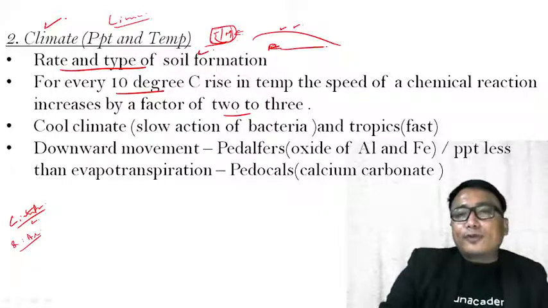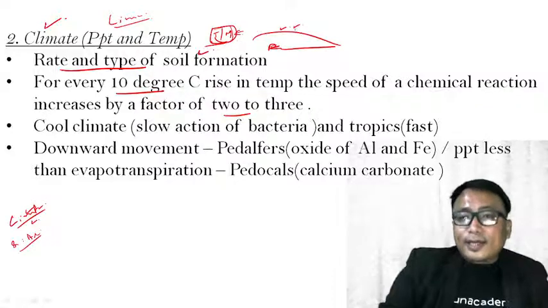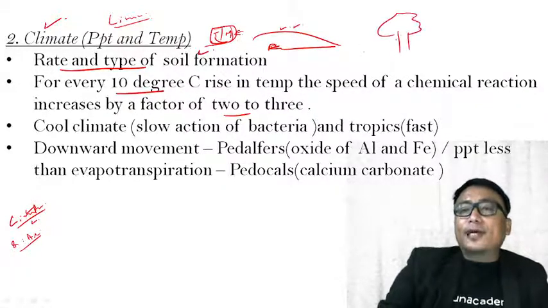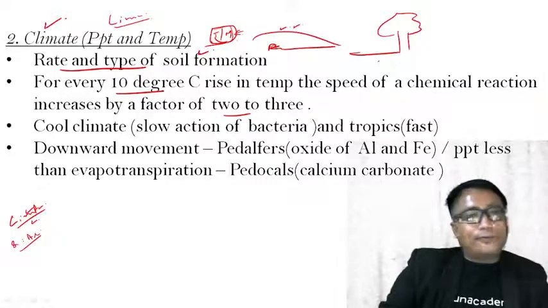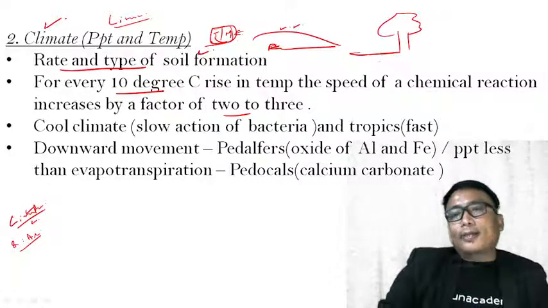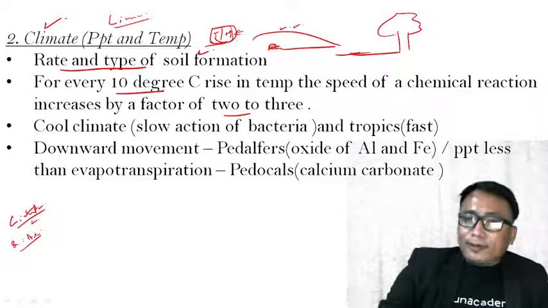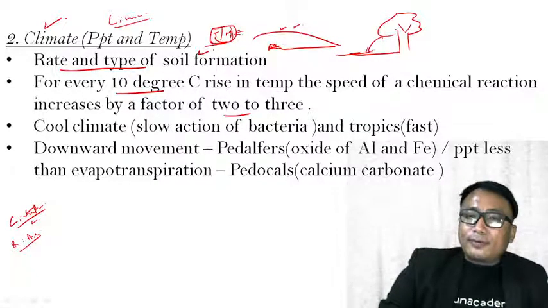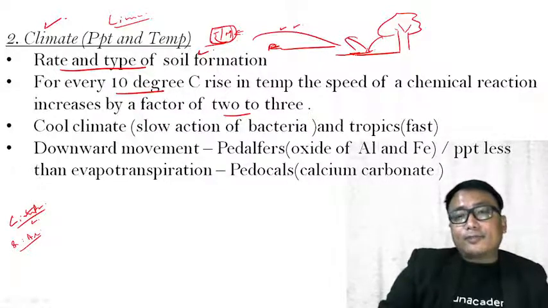Now, this is applicable not only in the weathering of the parent rock, but also for the supply of organic matter in the soil formation. One source of supply of organic matter is the leaf from the tree. After falling down, it will have to undergo decay and decomposition.